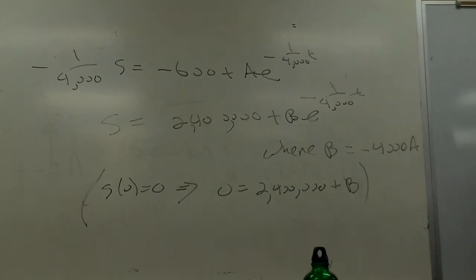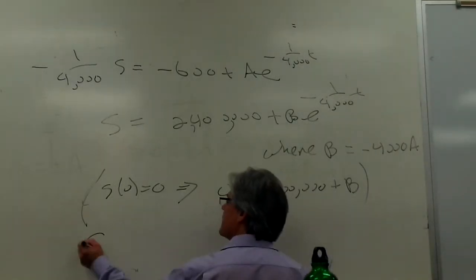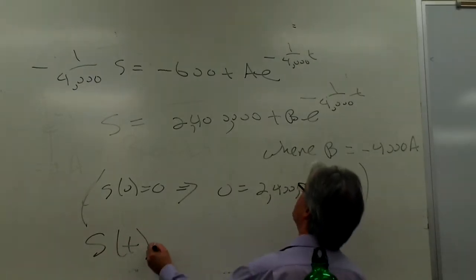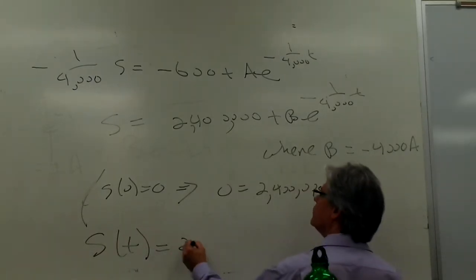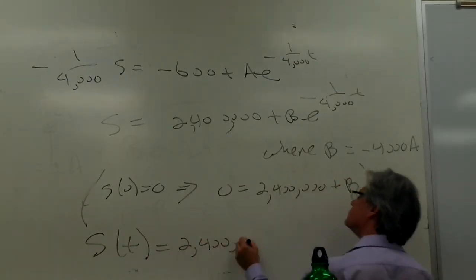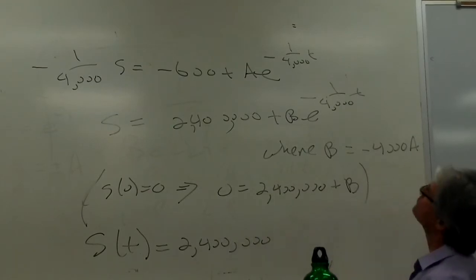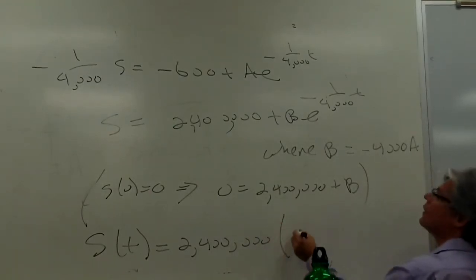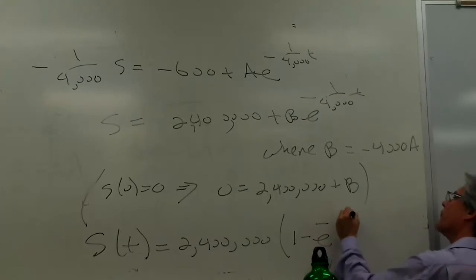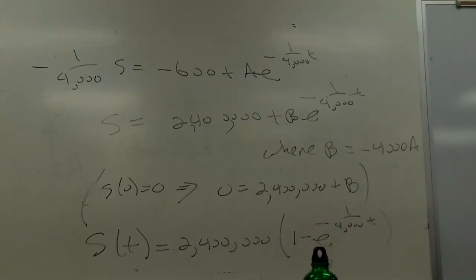Let me rewrite. In rewriting, I see that S as a function of t is specifically 2,400,000 times 1 minus e to the power.